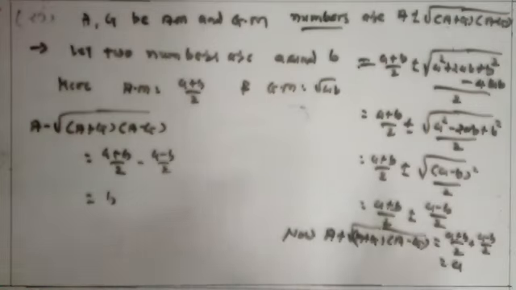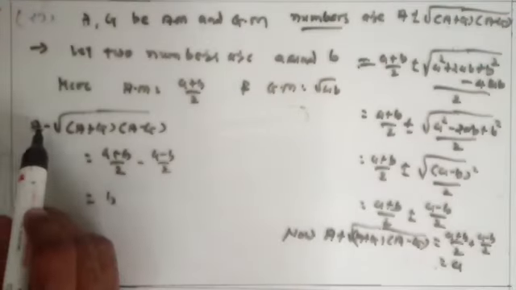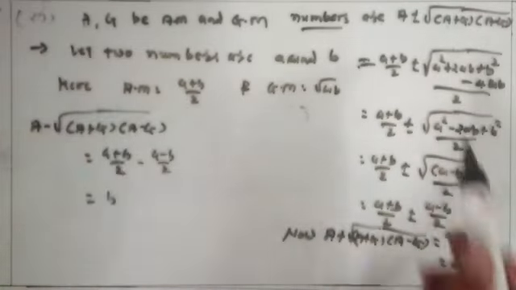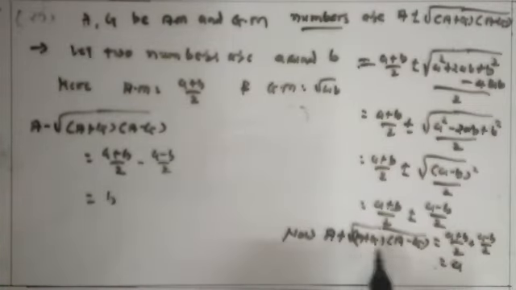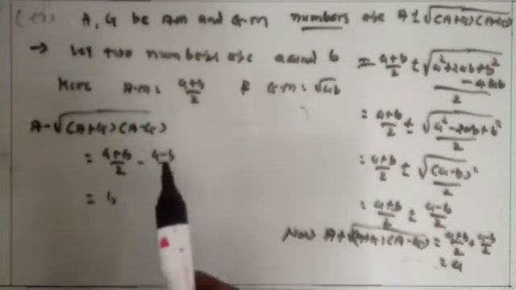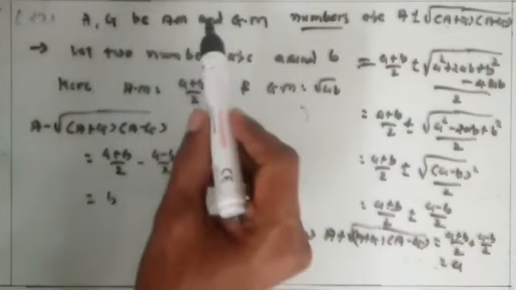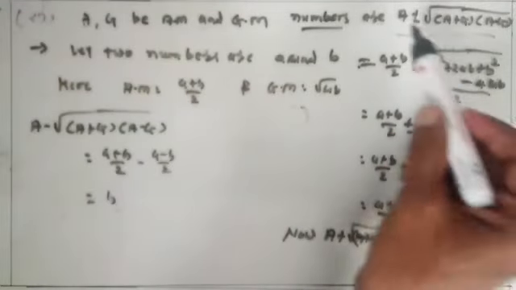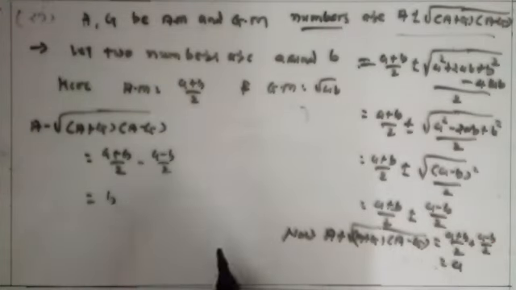So both numbers are a and b. So if A is the arithmetic and G is the geometric mean, then the given two numbers are A plus or minus root of (A plus G) into (A minus G). Remember this.